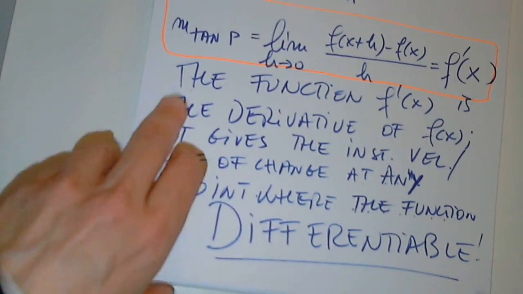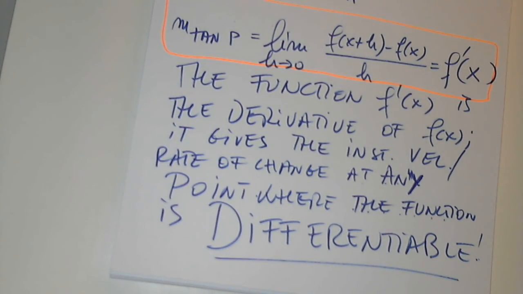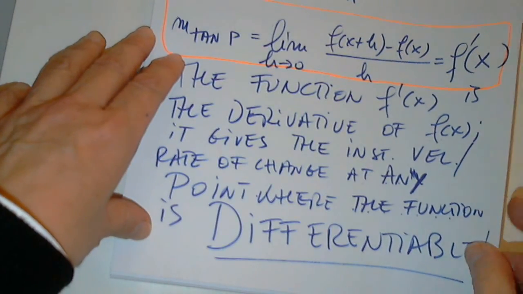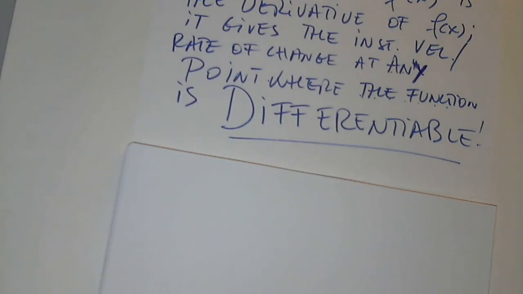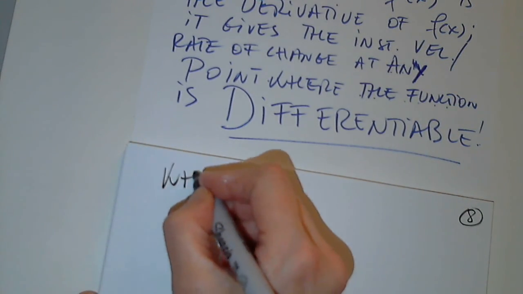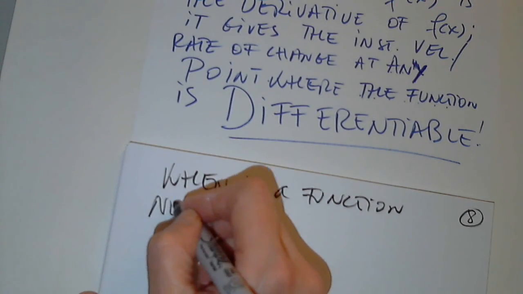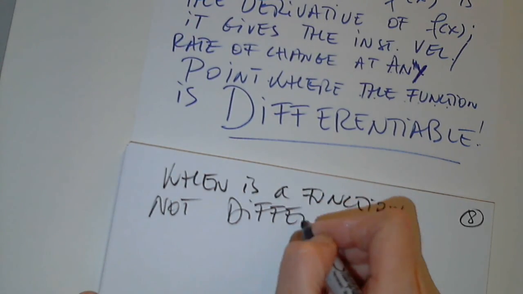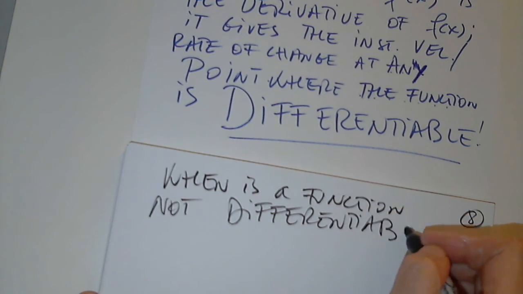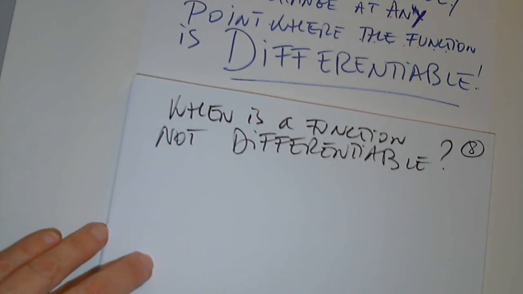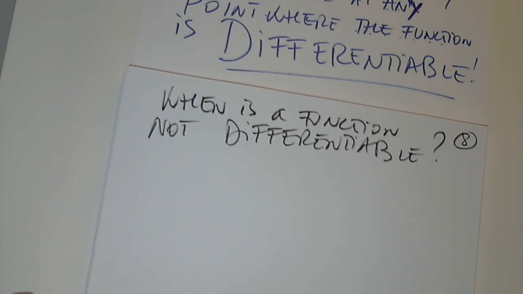Okay, now, let's discuss this, because this is very important. When would a function not be differentiable? There are several situations, several cases. So that's our next step. When is a function not differentiable? Here are the situations when a function is not differentiable.